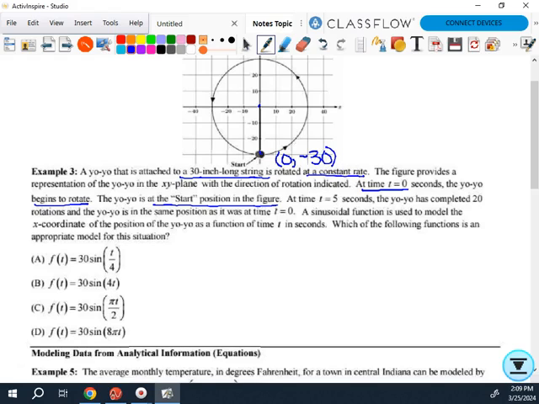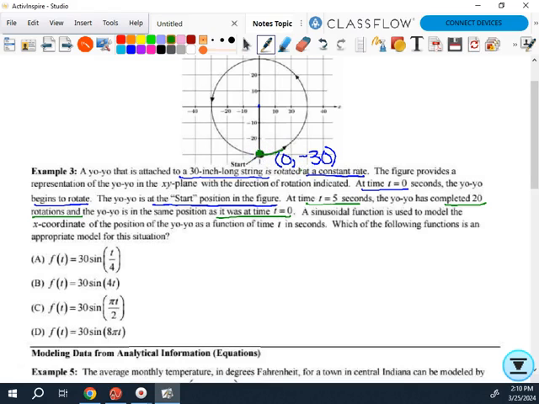All right, so then at time t equals 5, the yo-yo has completed 20 rotations, and it's in the same position. So it's back here. So we went around the circle 20 times, right, in 5 seconds. And so we're right here. Well, this point isn't going to have the exact same ordered pair.